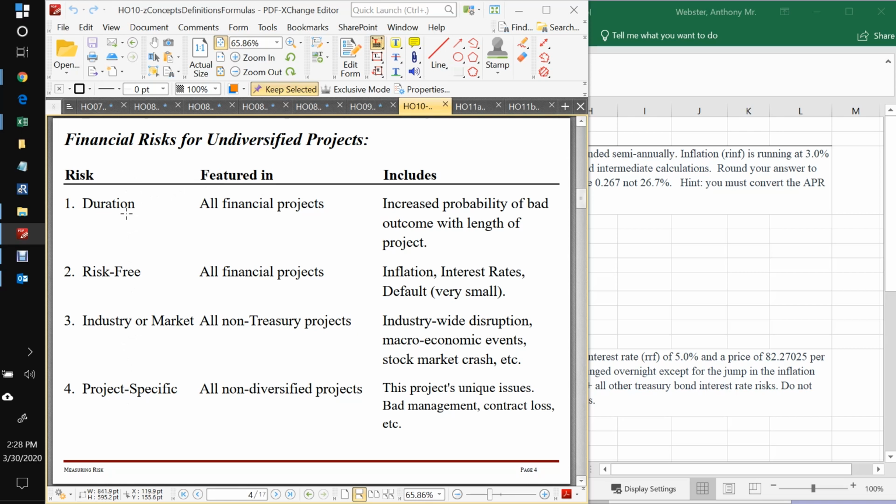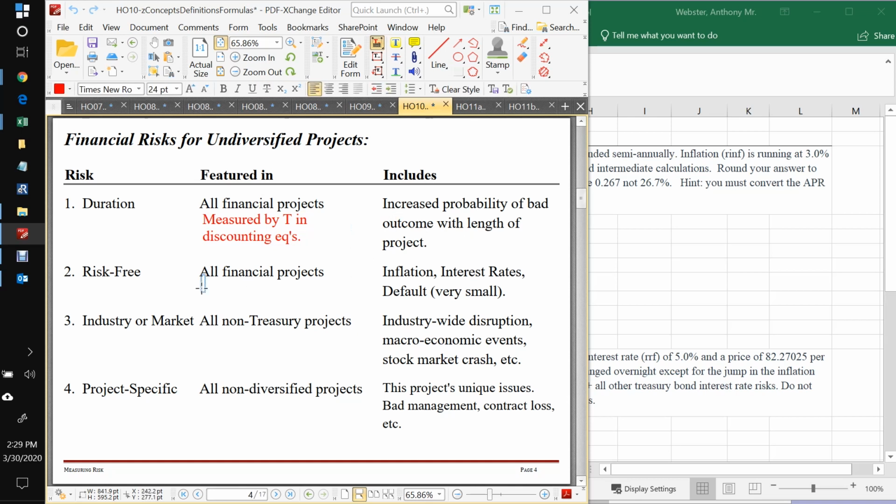So duration risk, in all financial projects, and that's measured by T in our discounting equations, right? And that's measuring the increased probability of a bad outcome with the length of a project.